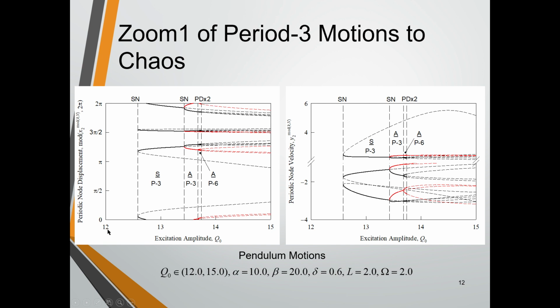The range is from 12 to 15, and here you can clearly see the symmetric period 3 motion with jumping phenomenon on its left, and with a saddle node bifurcation introducing a pair of asymmetric period 3, and then a period doubling bifurcation introducing a pair of asymmetric period 6, and then another period doubling bifurcation further introducing period 12, period 24 motions, something like those.